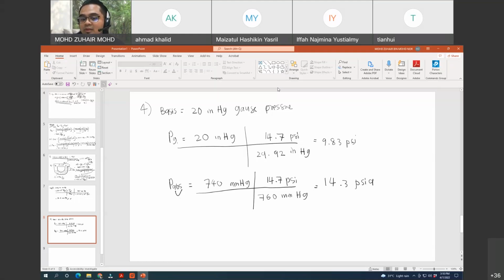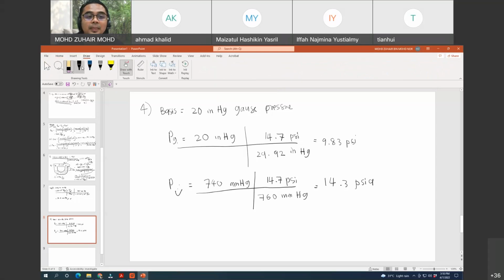Because this is absolute pressure. This is not absolute pressure yet. This is the atmospheric pressure, ATM. So because it's ATM, I already include A here. So for the absolute pressure, based on the figure here, we know that the pressure of the manometer is lesser than the atmospheric pressure. So the atmospheric pressure will have to minus the gauge pressure.